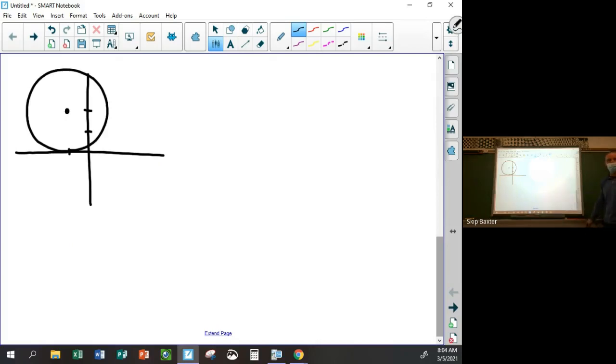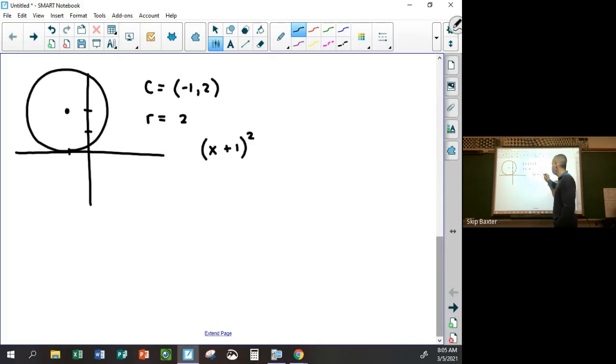So what's its radius? I know the center is the point (-1, 2). What's the radius? 2. Yeah, it's 2, right? If it's tangent to the x-axis, that means the distance from the center to the edge of the circle is 2. And if it's 2 here, that means it's 2 all the way around. That's the definition of the circle, right? So the radius is 2. So this would just be (x plus 1) squared plus (y minus 2) squared equals 4, which is 2 squared.